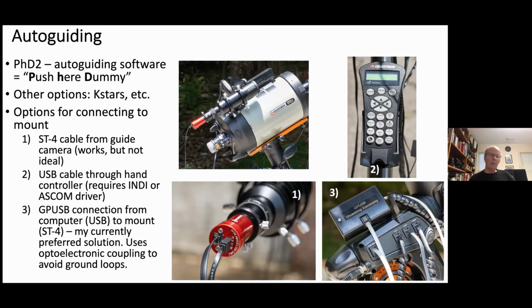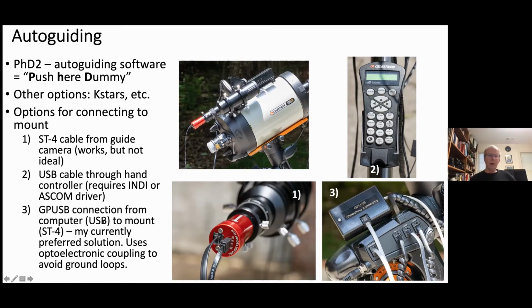But in looking around some of the blogs and websites, I found that people like to use a box here called GPUSB, which has a USB connection to your computer, and then this ST4 connection to the mount controller. And that doesn't require any software driver. You plug it in and PHD2 automatically recognizes it, and it just seems to work pretty good.